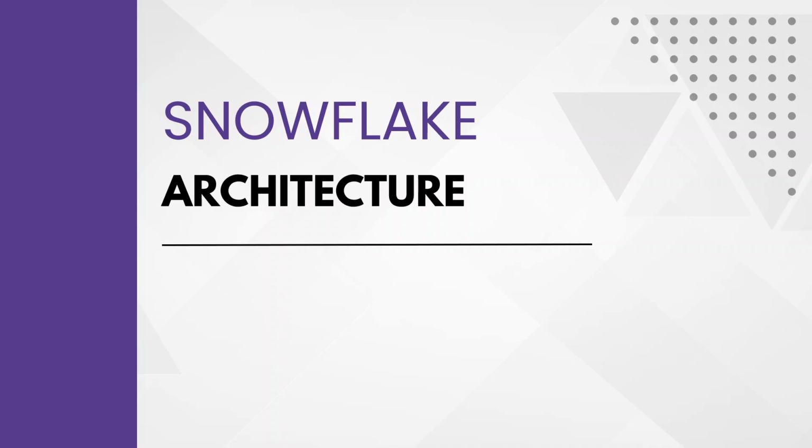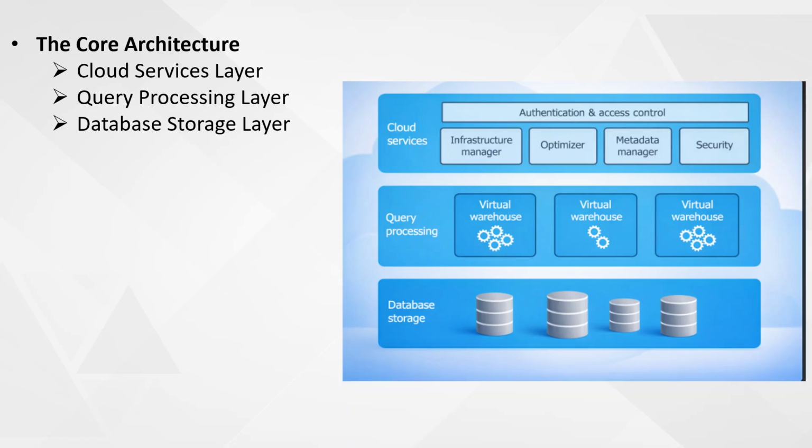Yeah, so we will go deep dive. Just to show how it looks, this is the architecture of Snowflake. We have cloud services on top, then query processing or virtual warehouses in the middle, and at the bottom we have the data storage layer.